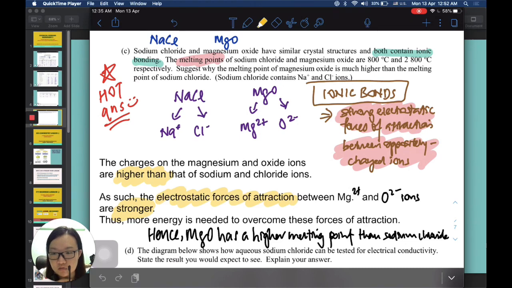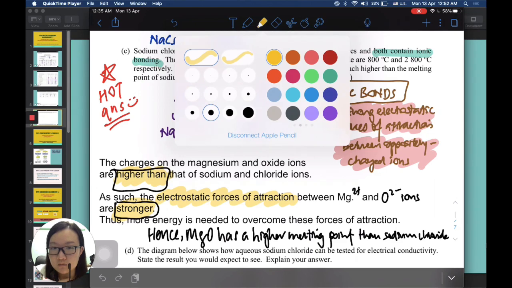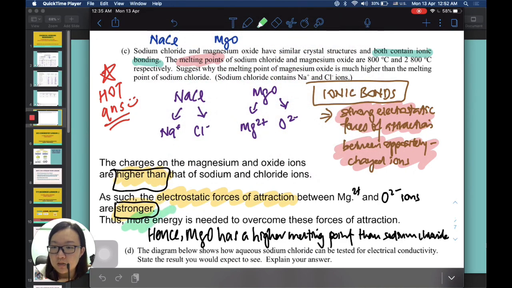It means that you have a good grasp of this chapter, and that is something that we hope to achieve. These are the important things that I'm highlighting. Charges higher, therefore electrostatic forces of attraction stronger, therefore you need more energy to overcome. Therefore, that particular ionic compound has a higher melting point compared to the other one.